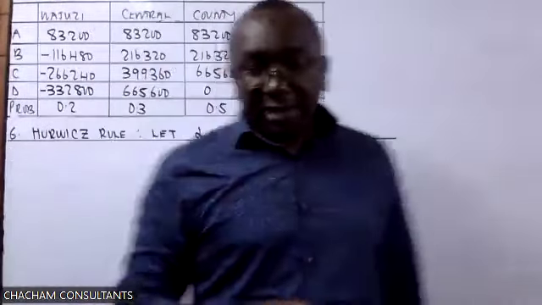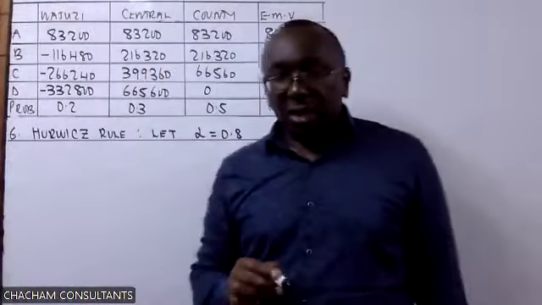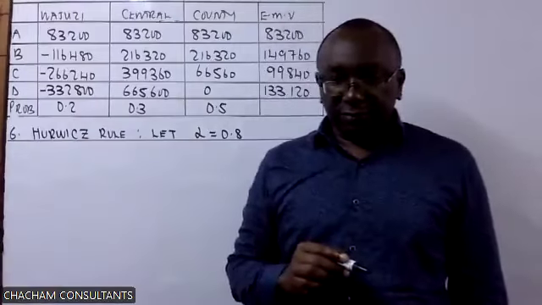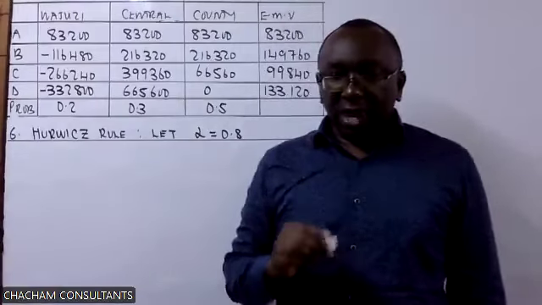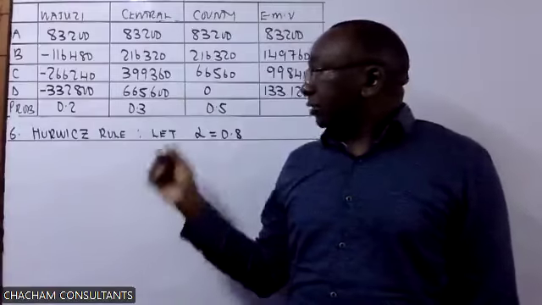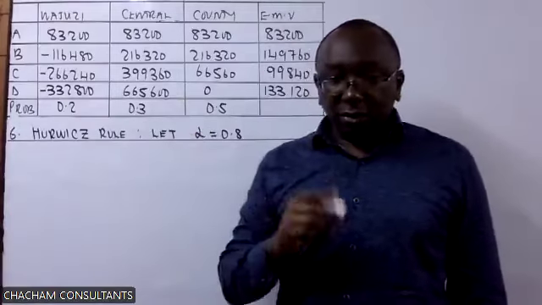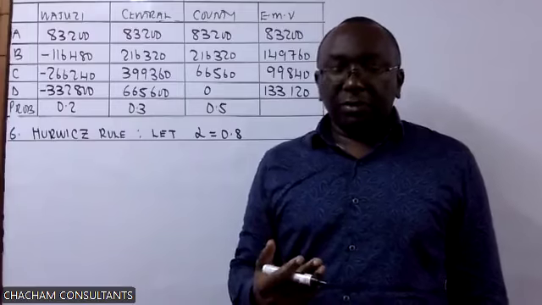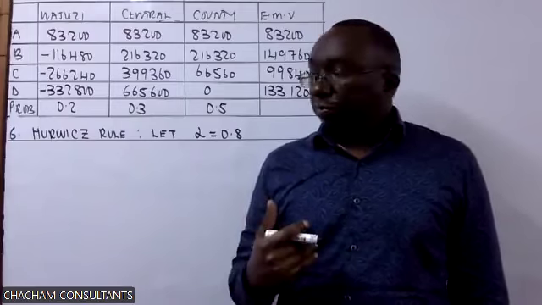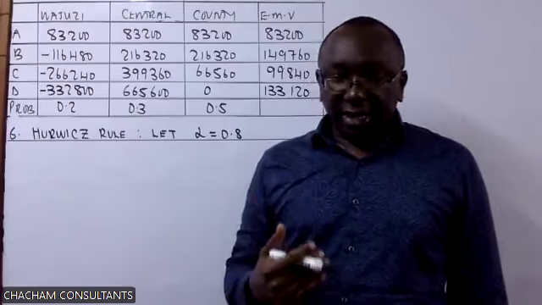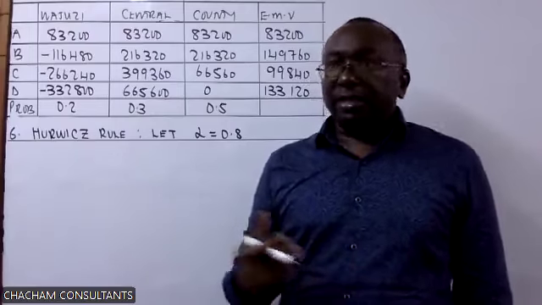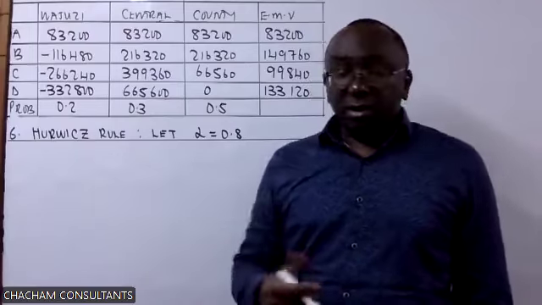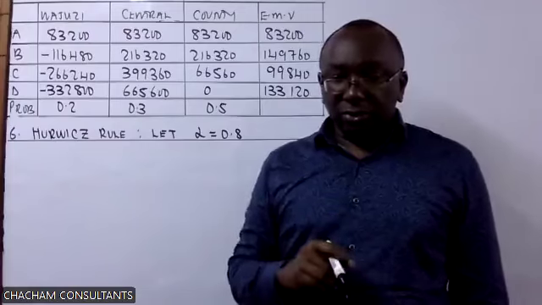Now, when you see the word "assume", it means that this value was not provided in the original question, but for purposes of progressing, we assume. However, if it is a CASNEP exam that requires you to use this rule, they will have provided alpha to you.